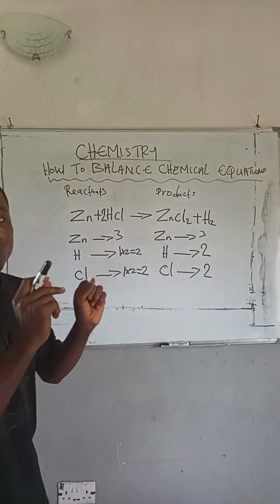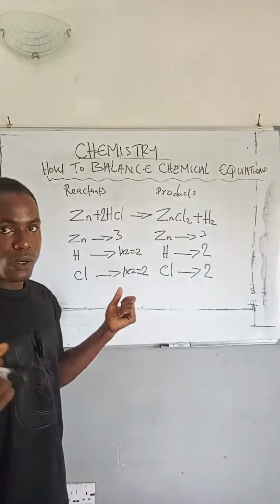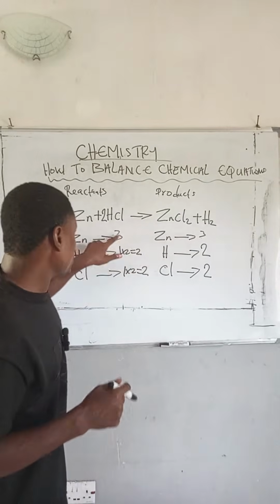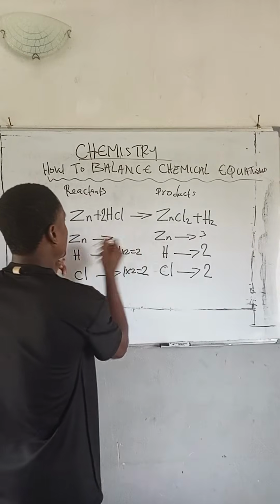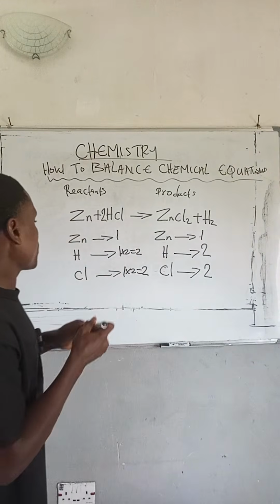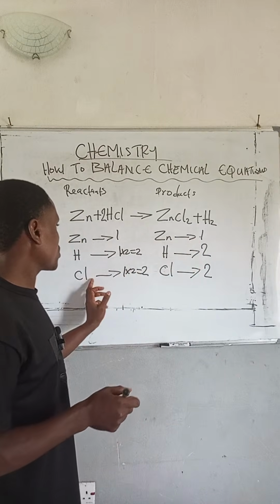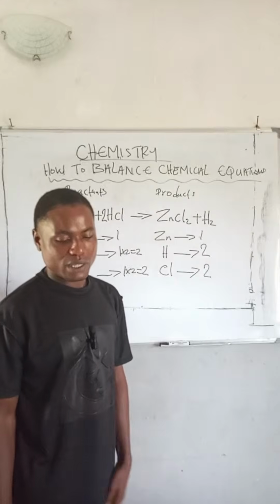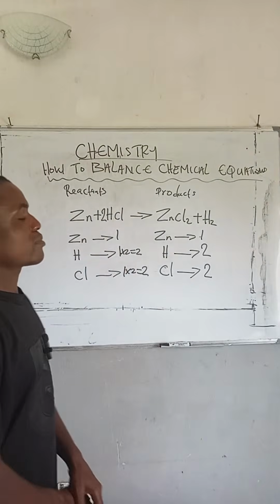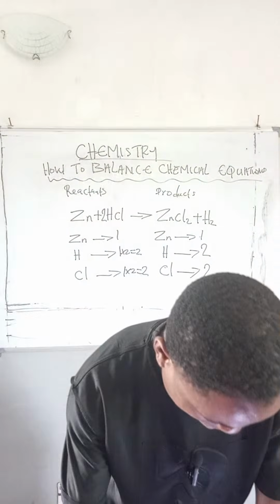Here, zinc is 1 and here is 1. Hydrogen here is 2, here is 2. Chlorine here 2, 2. So it's balanced, okay? The zinc is already balanced.